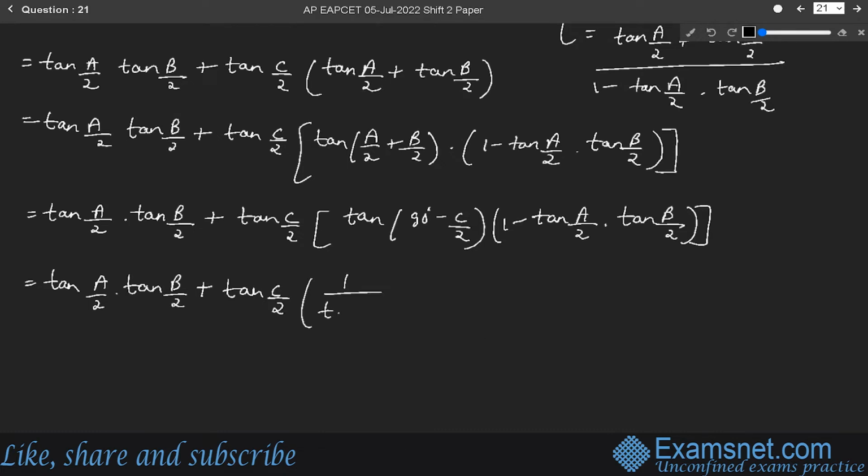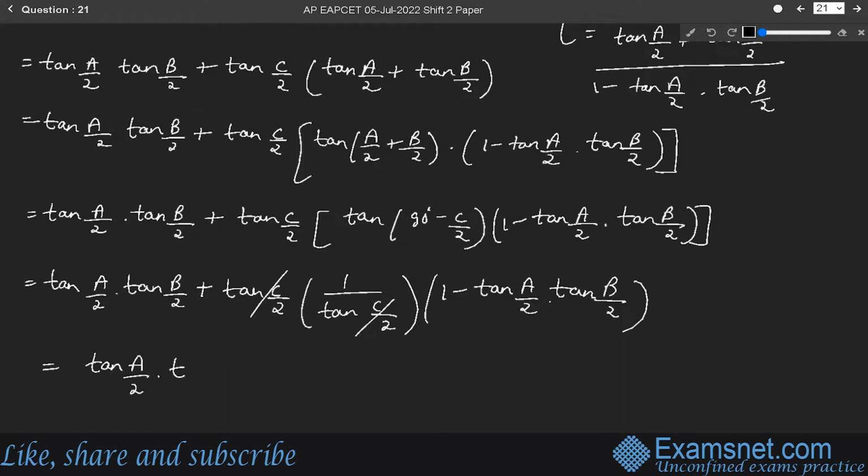So it will be 1 upon tan C by 2 into 1 minus tan A by 2 into tan B by 2. So tan C by 2 and tan C by 2 will be cancelled. So the remaining terms will be tan A by 2 into tan B by 2 plus 1 minus tan A by 2 into tan B by 2.